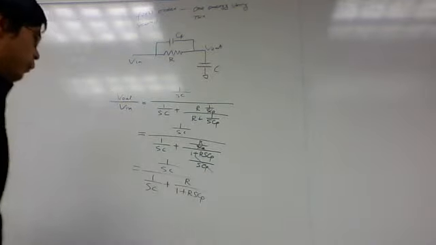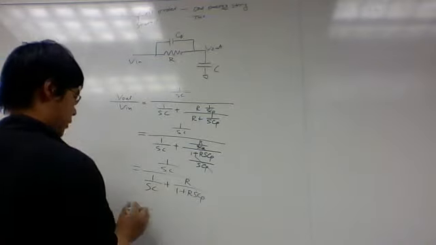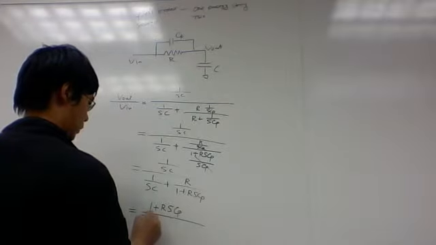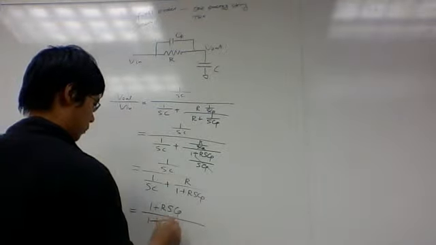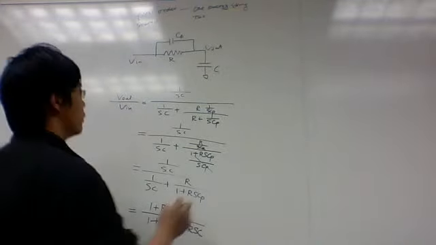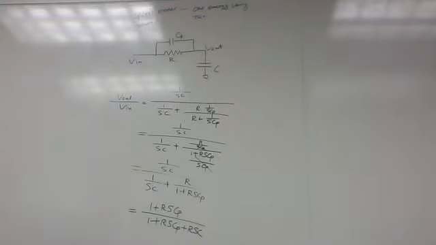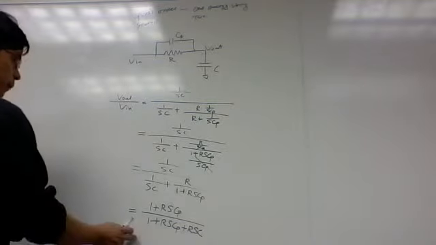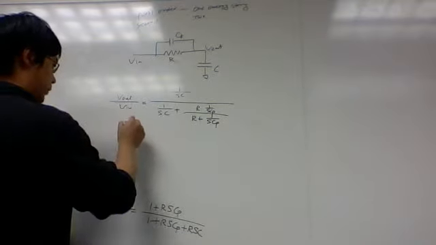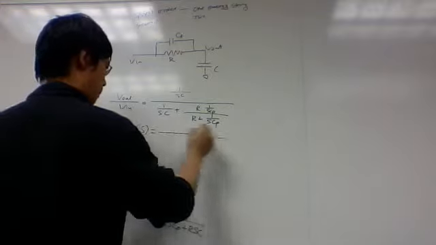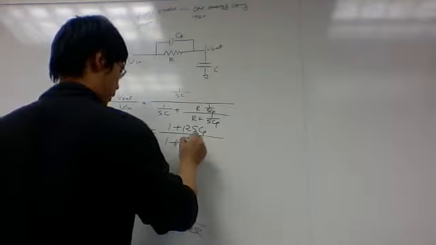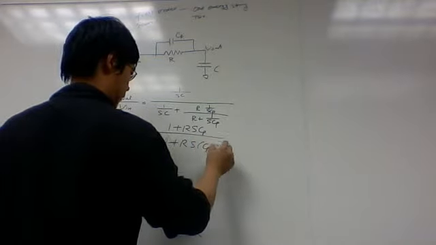Then if we multiply everything by SC times 1 plus RSCP, this function will then be, so your H of S will be 1 plus R S CP over 1 plus R S CP plus C, right?